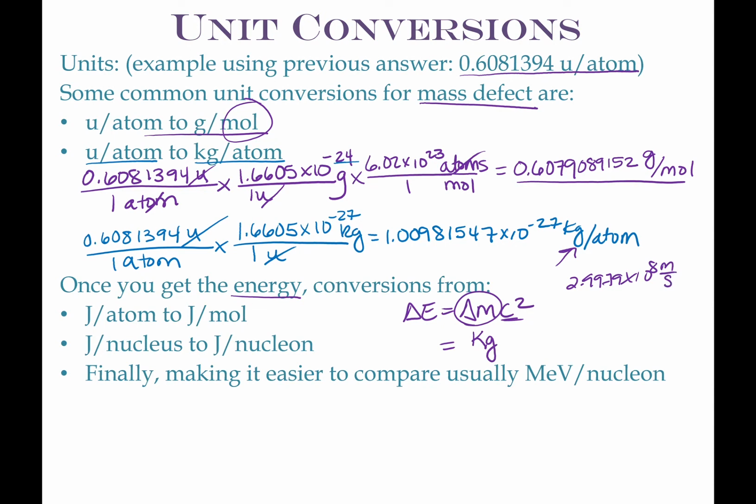And we're going to square that. So we're going to have kilograms times meters squared divided by seconds squared. And maybe that doesn't look familiar to you. You might want to log that away somewhere in your brain, but that is equal to a joule. And joules are an energy unit. So we're going to end up with joules per atom when we do this using kilograms per atom or kilograms.